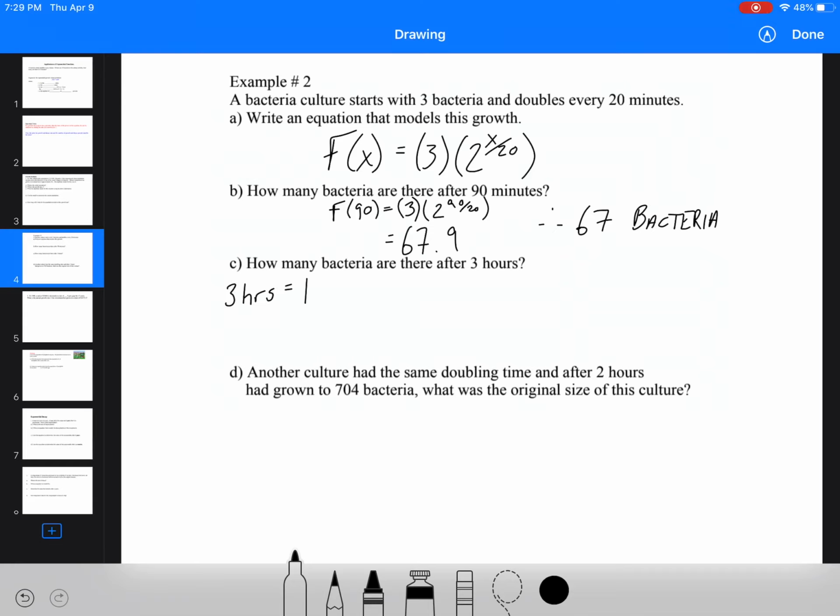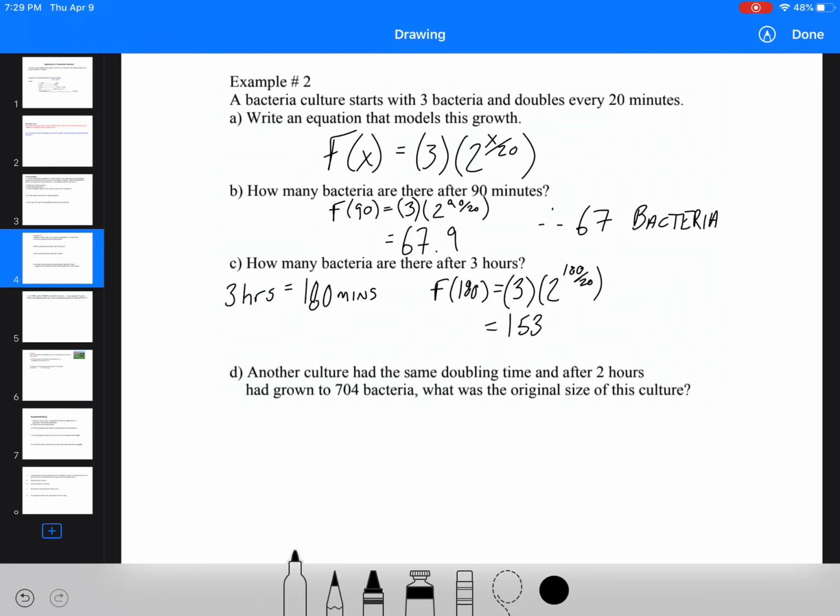So how many bacteria after 3 hours? Well, 3 hours equals 180 minutes. And that's what we're talking about here. So we're going to have f of 180 equals 3 times 2 to the 180 over 20, which is just 2 to the 9.